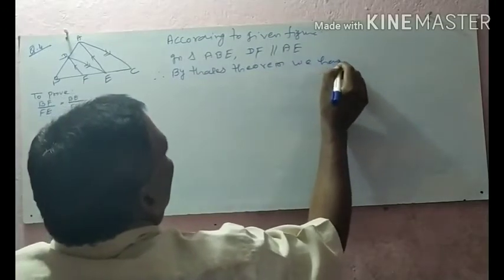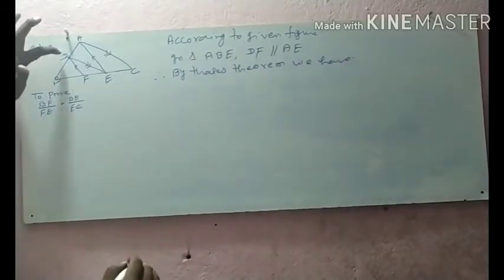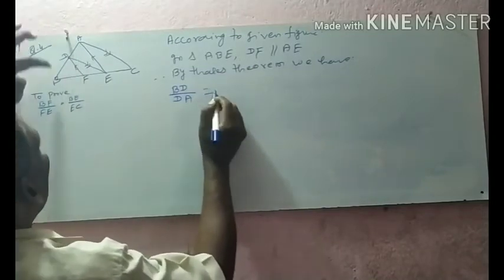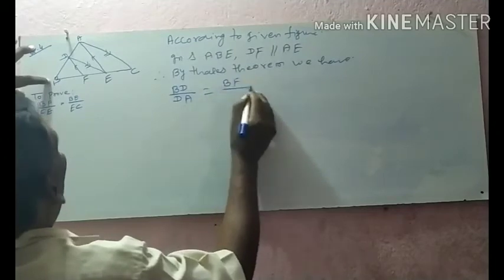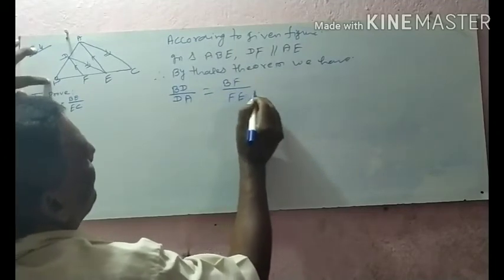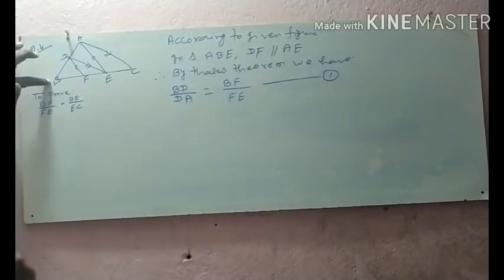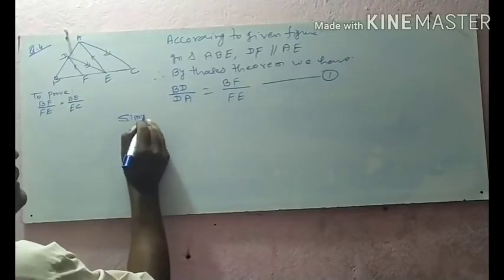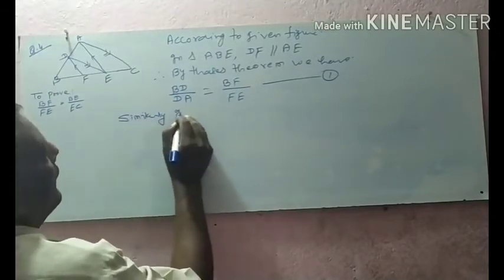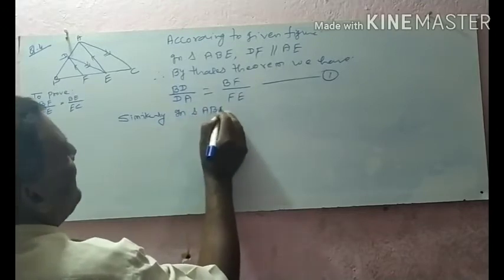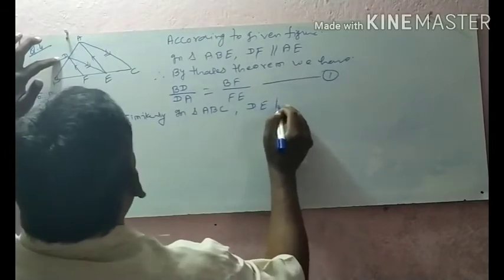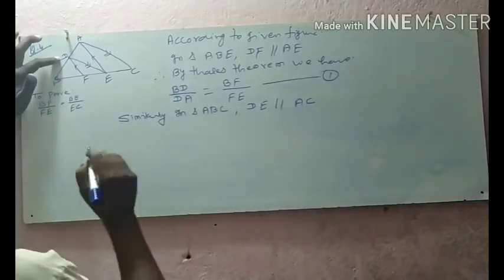we have BD by DA is equal to BF by FE, equation first. Similarly, in triangle ABC, DE is parallel to AC.